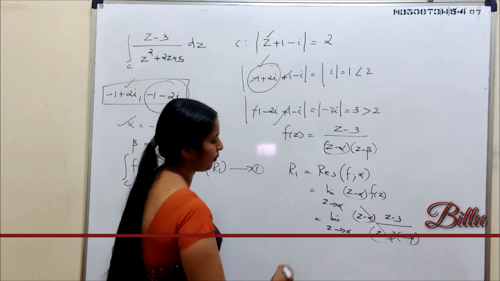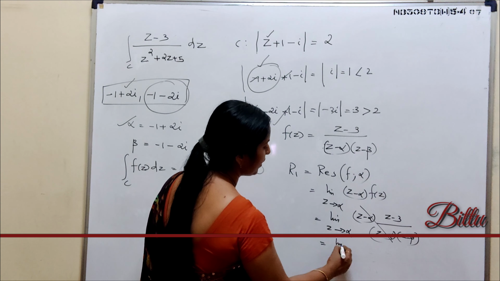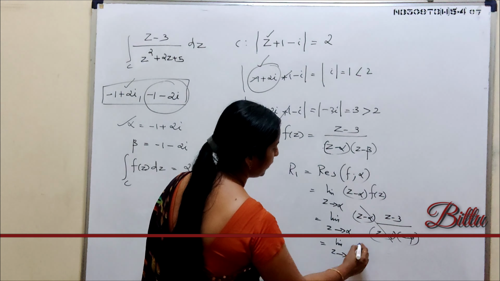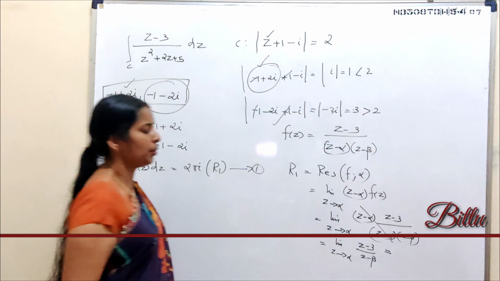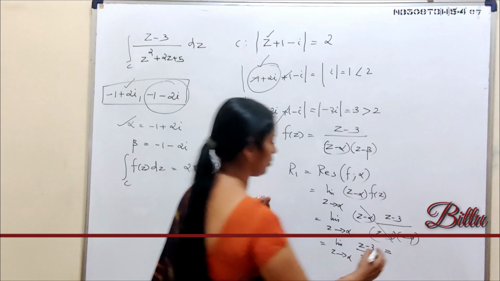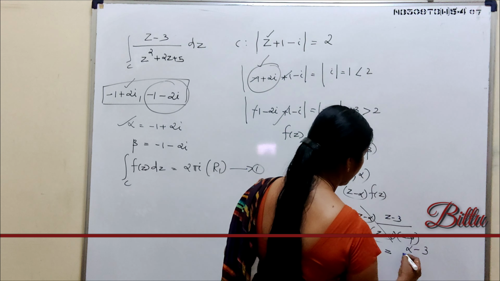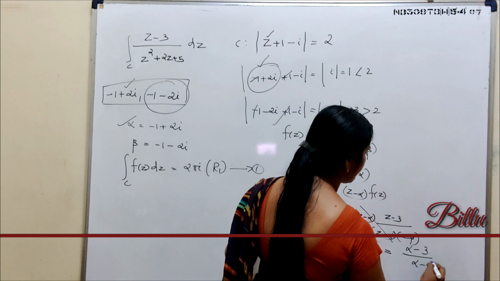You remove this z minus alpha, so it is limit z tends to alpha, z minus 3 by z minus beta. Next you put z equal to alpha, so it is alpha minus 3 by alpha minus beta.